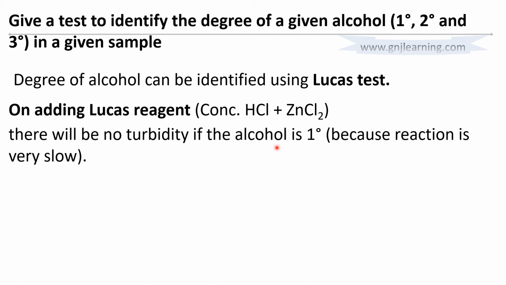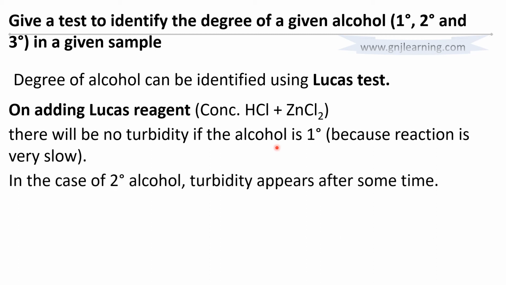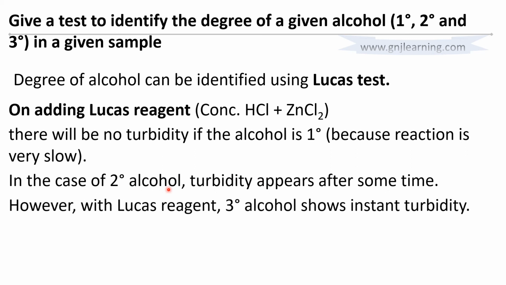Whereas in the case of secondary alcohol, turbidity appears after some time. So if there is no turbidity even after some time, it is primary alcohol. If turbidity appears after some time, then it is secondary alcohol. If you add Lucas reagent to tertiary alcohol, it shows instant turbidity.